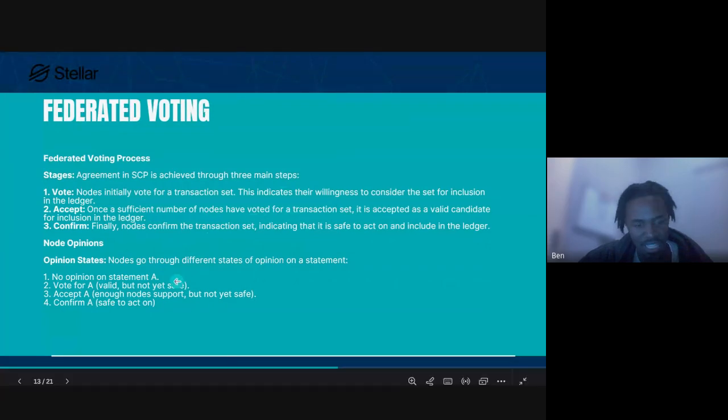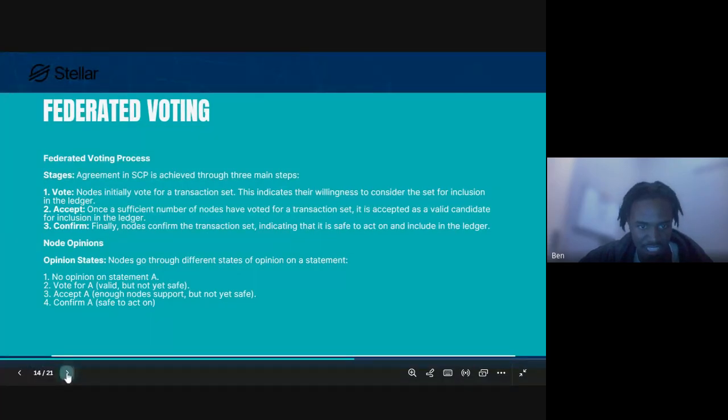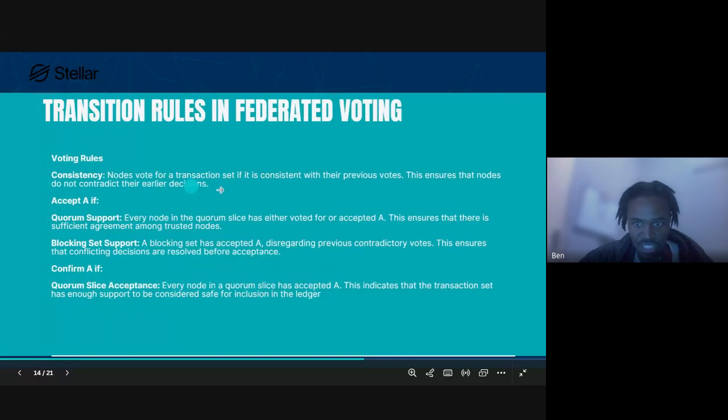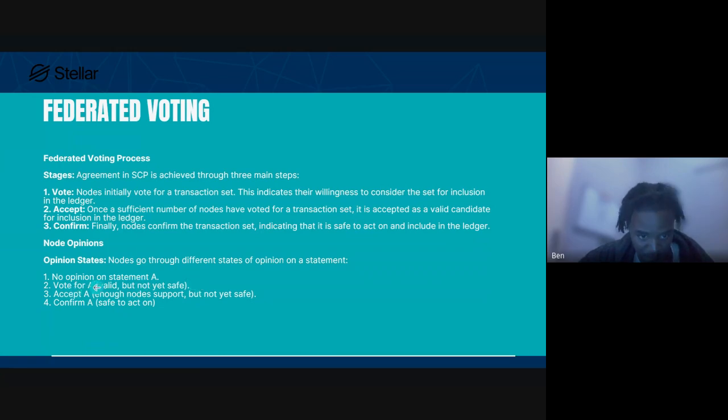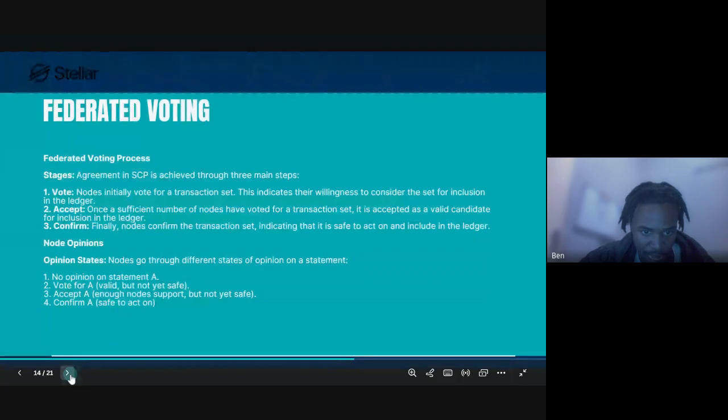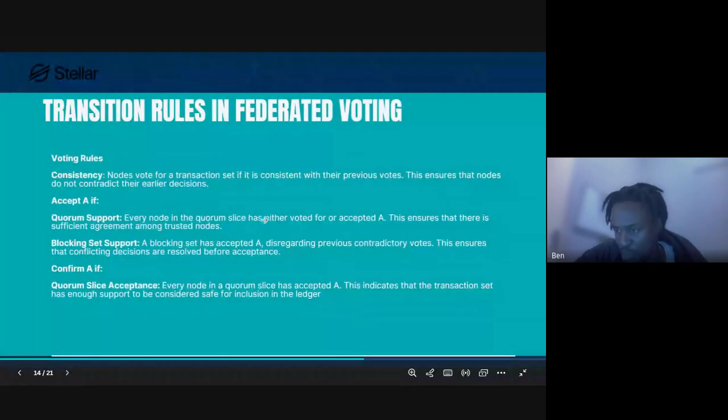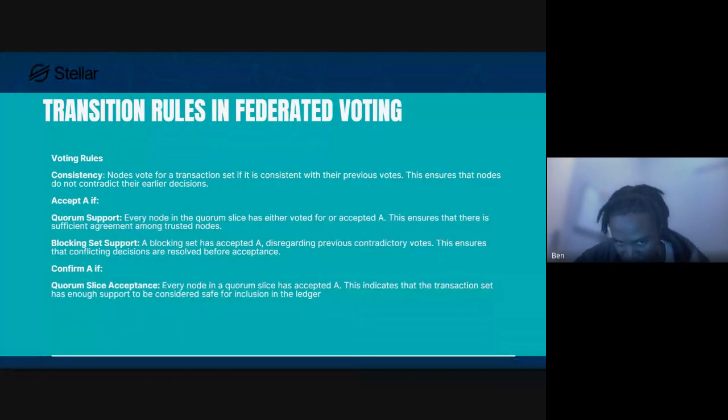The node cannot then change and say it's invalid. It cannot contradict at this stage. But in the second stage, it could change its opinion because, as you can see here, it's valid but not yet safe. So there's no full confirmation that the statement was indeed safe.